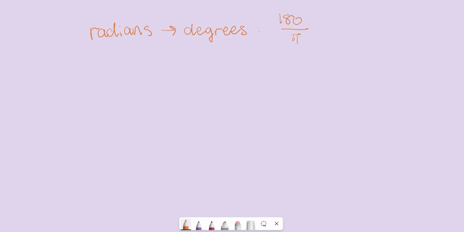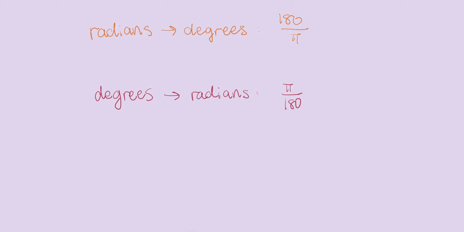And that's basically 180 degrees over pi radians. And then for converting from degrees to radians, you need to multiply by pi over 180. It's basically the opposite for both.